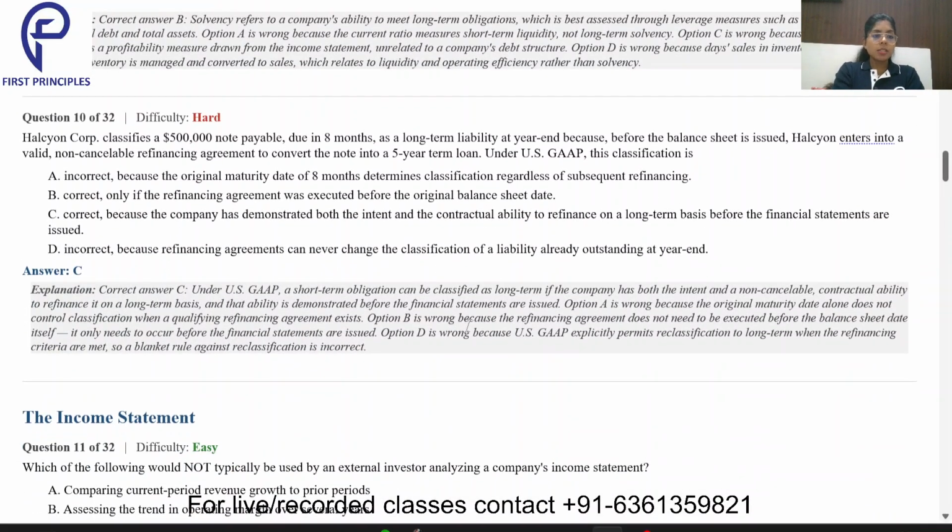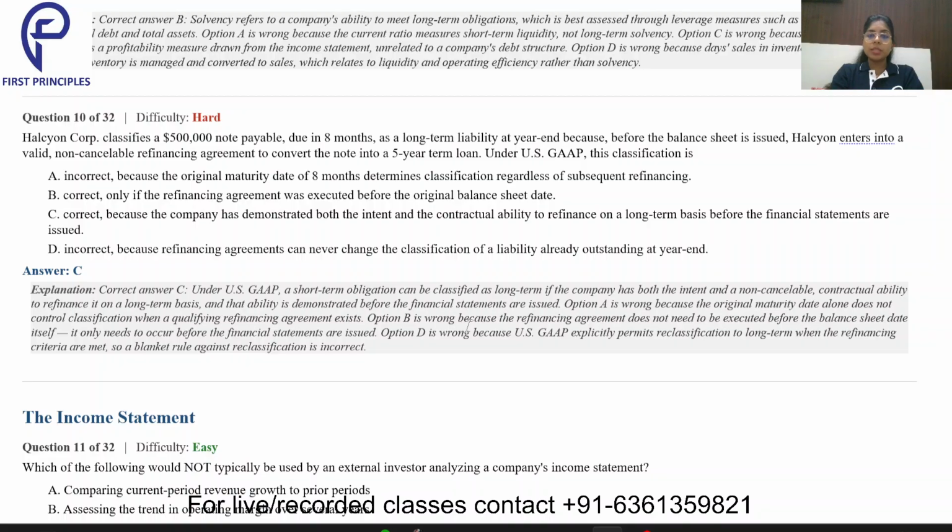Question 10. Halcyon Corporation classifies a $500,000 note payable due in 8 months as a long-term liability at year end because before the balance sheet is issued, Halcyon enters into a valid non-cancellable refinancing agreement to convert the note into a 5-year term loan.